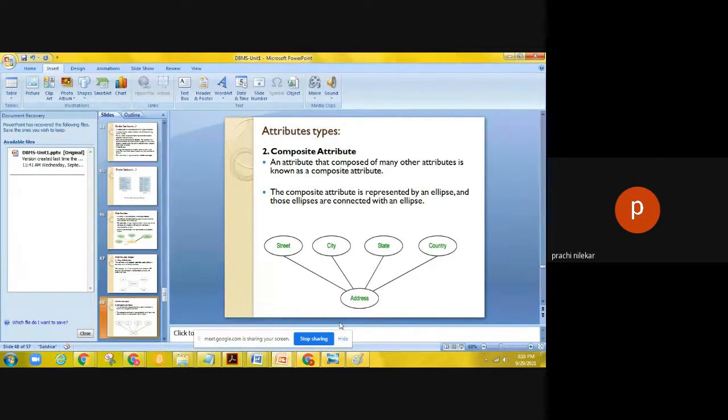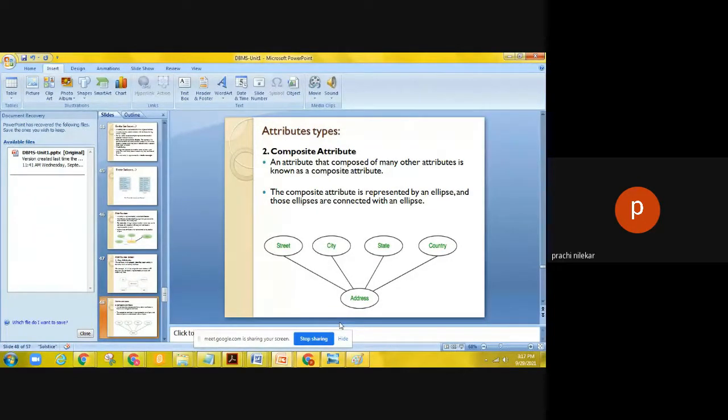See, here address is one of the attributes, and street, city, state, country are the parts of the address. That's why these are composite attributes.